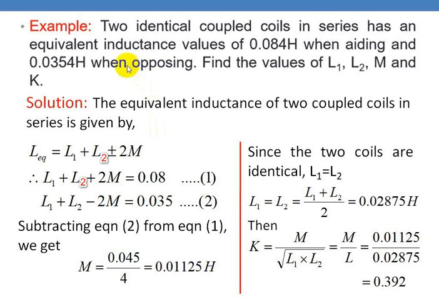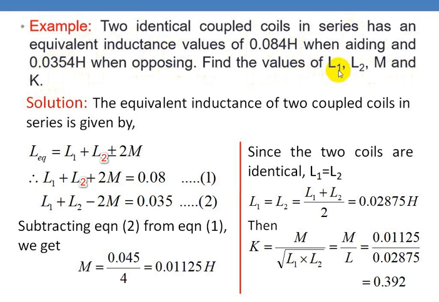Let us consider this example. Two identical coupled coils in series has an equivalent inductance values of 0.084 Henry when aiding and 0.0354 Henry when opposing. Find the values of L1, L2, M and K.